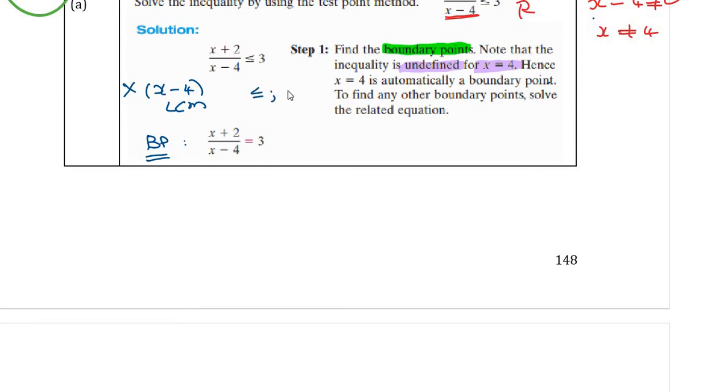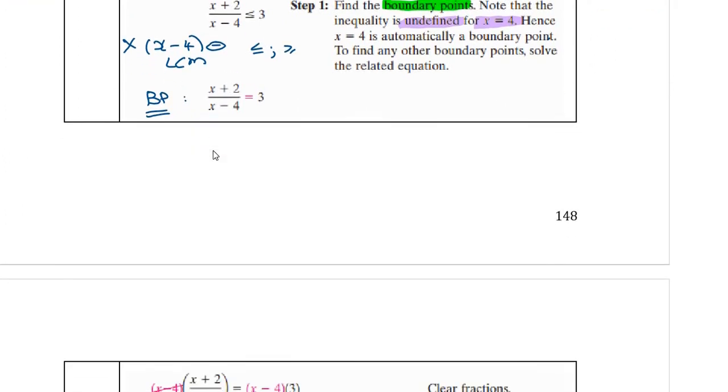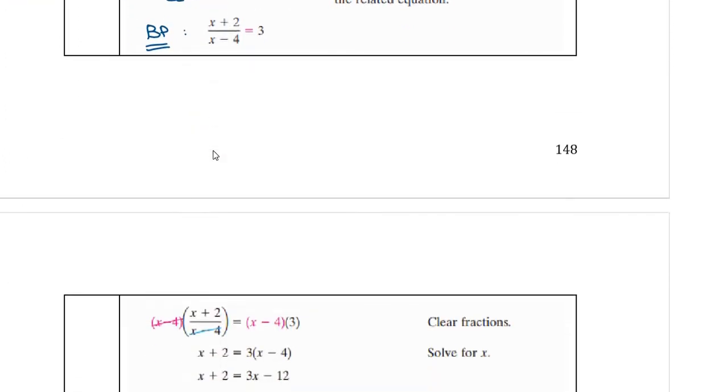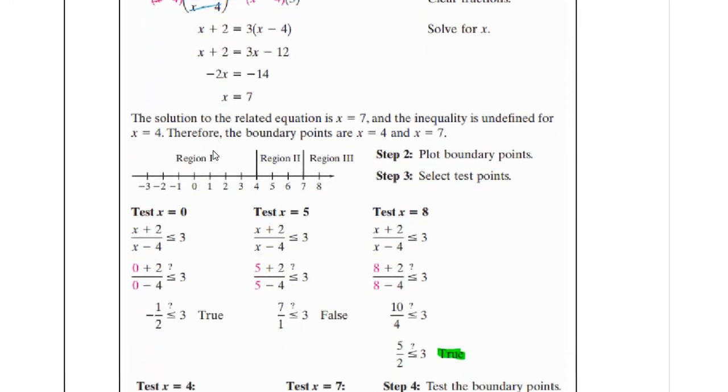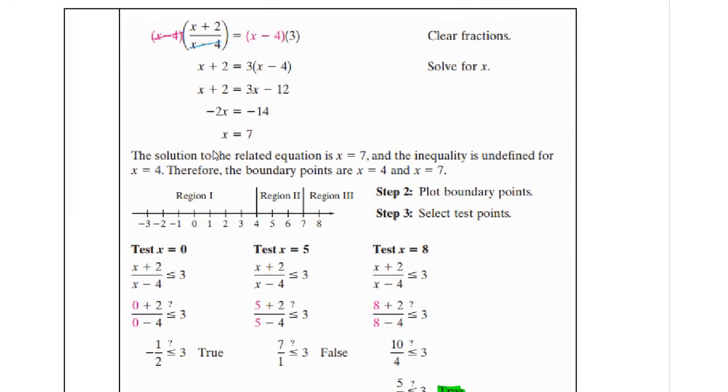It must then swap to greater than or equal to. And that is our problem. But when we do the boundary points, we do not have an inequality anymore, and we may multiply with our lowest common multiple. So we multiply with the lowest common multiple, or we do our cross multiplication, and then we can find our answer for the boundary point.